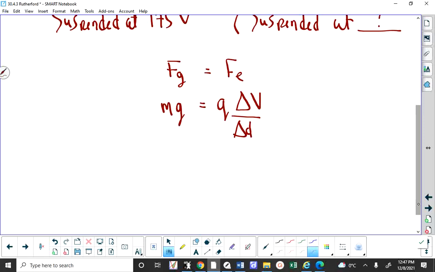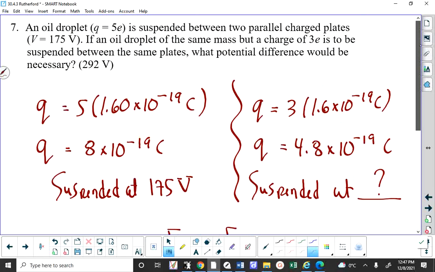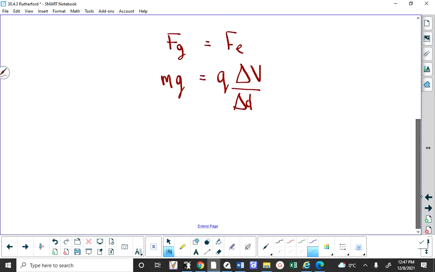I'm looking for something specifically in this formula that doesn't change. Ben? The mass. It says an oil drop of the same mass. And even if it didn't, it would probably say if the same oil drop is given a different charge. So the mass is the same. What else is the same in this formula? Farhan? G is going to be the same. And there's one third one, the distance between the plates.